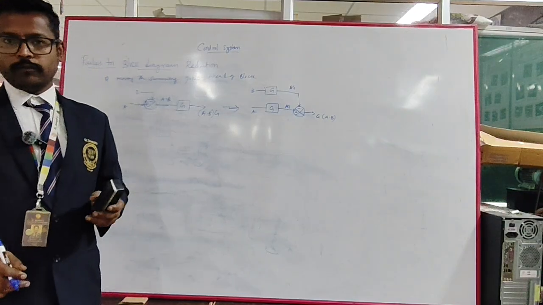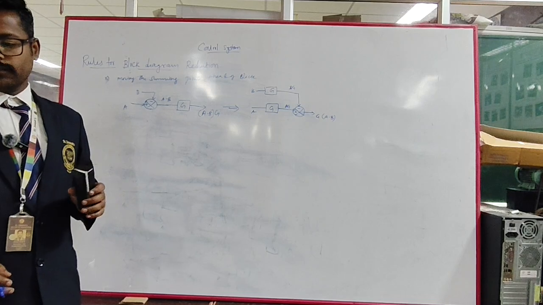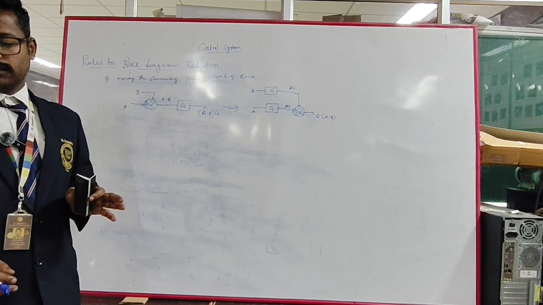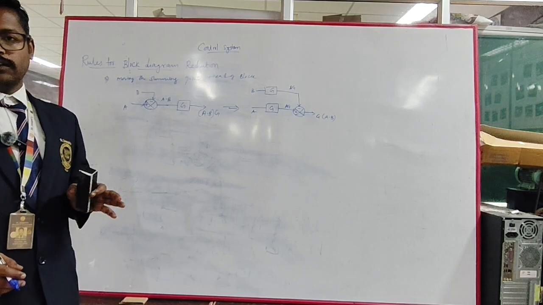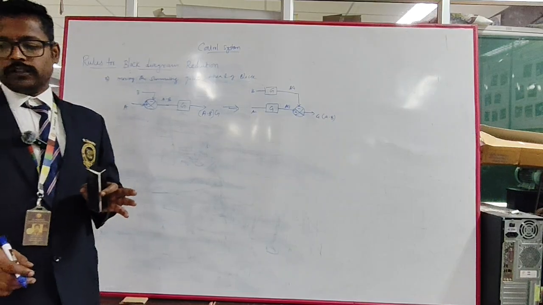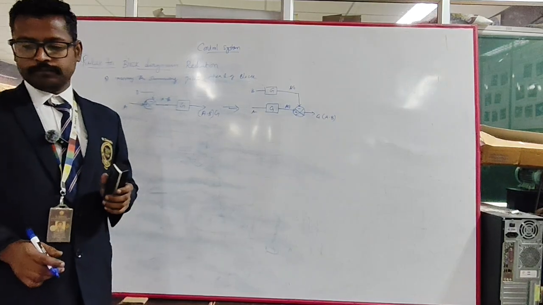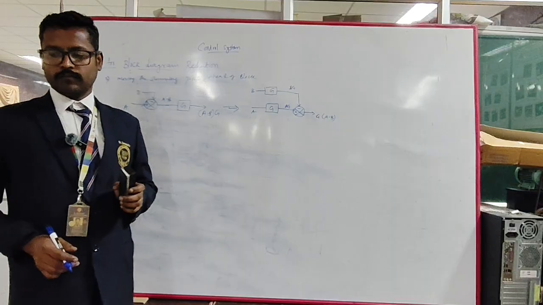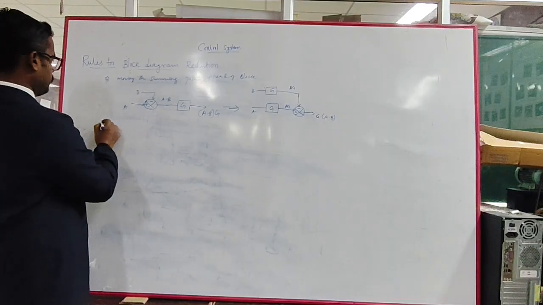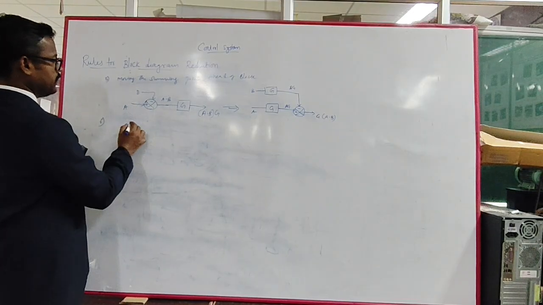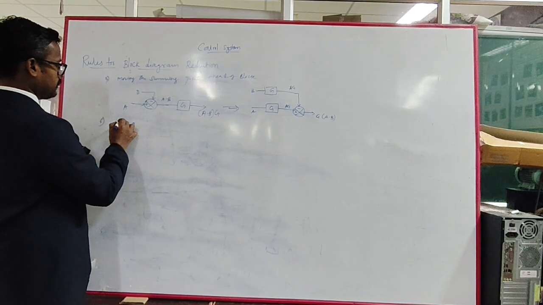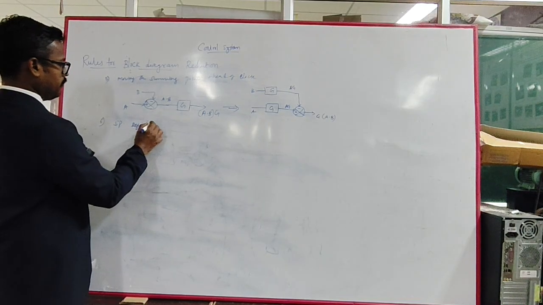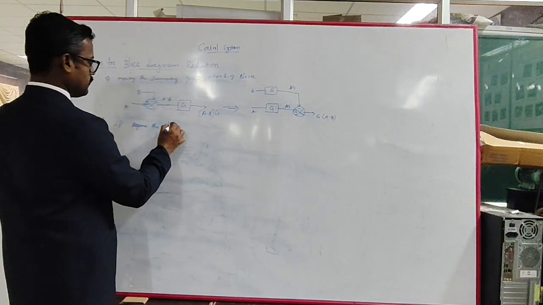In the same way, the summing point can be moved before the block also. If it is before the block, we just have to divide. Okay, so the same summing point, before the block.